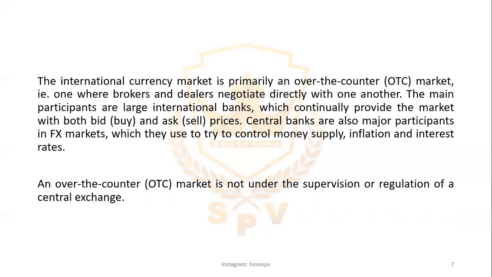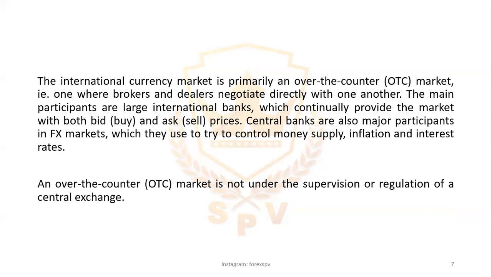The main participants are the large international banks, which continually provide the market with both the bid, which is the buy, and the ask, which is the sell price. The difference between the bid and the ask price is what we call the spread.